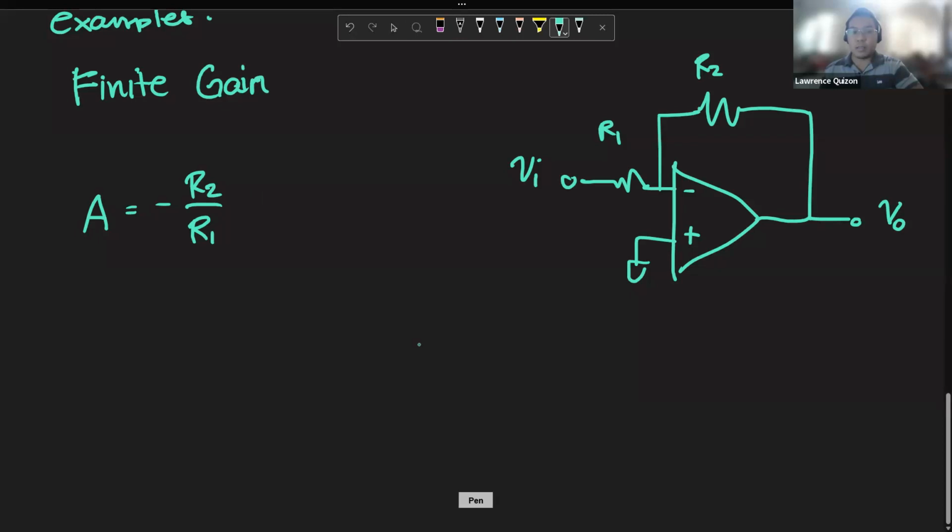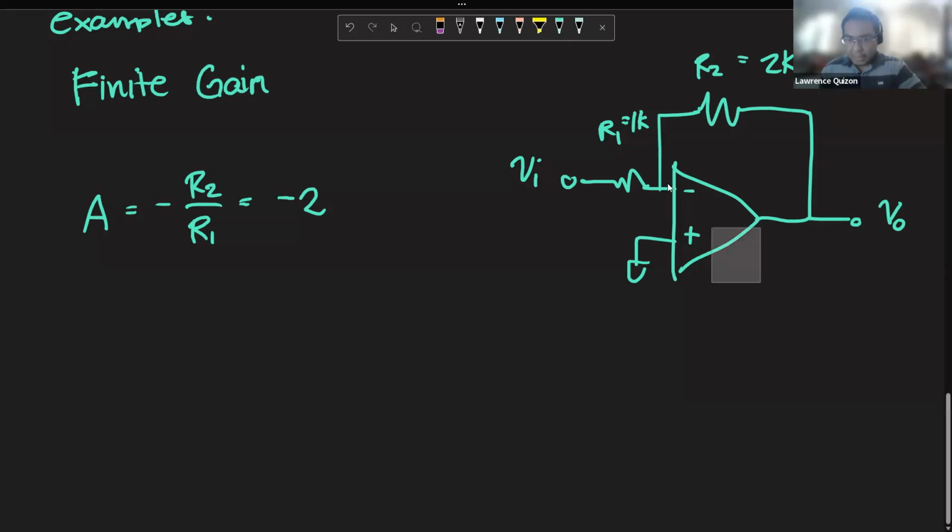Let's say, for example, that R2 equals 2K and R1 equals 1K. So our gain will be negative 2.